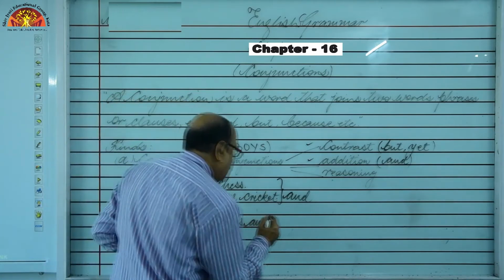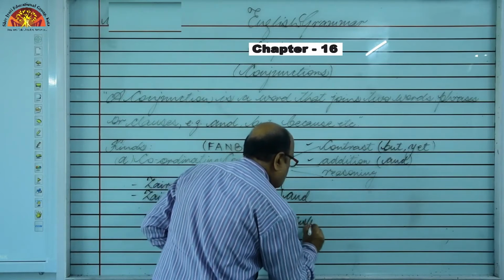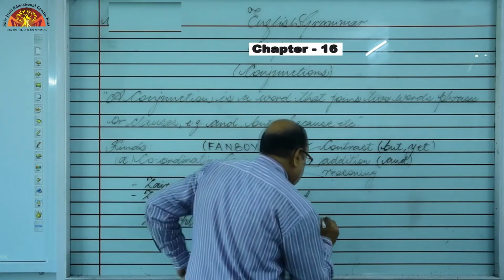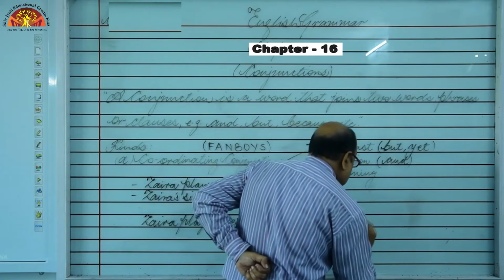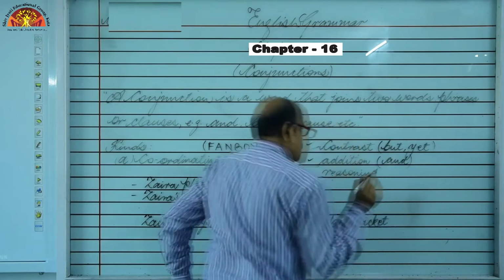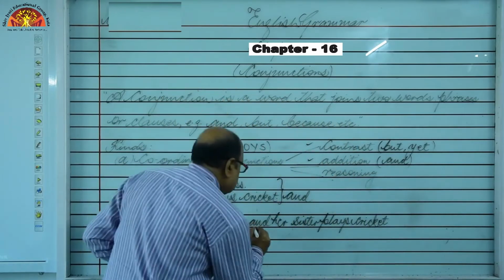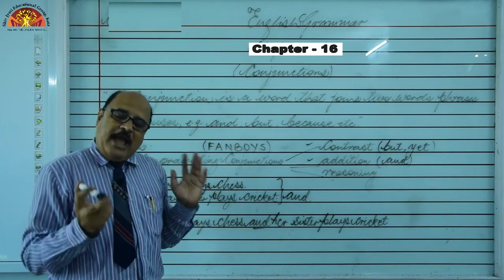Pronoun. So, and her sister plays cricket. Okay? So, this is coordinating conjunctions in addition.